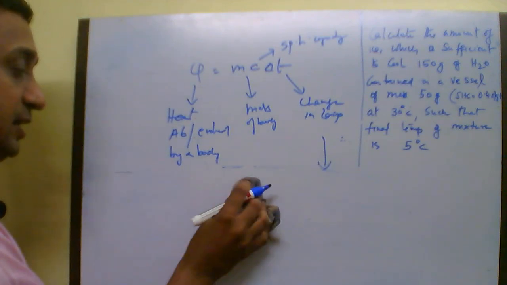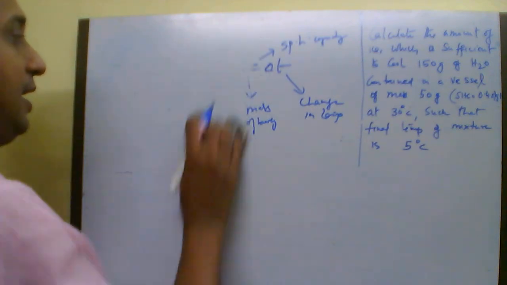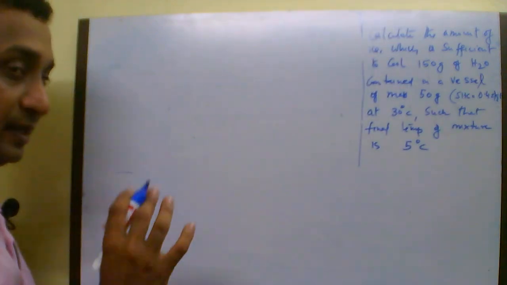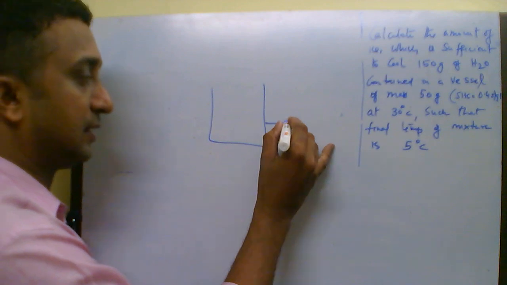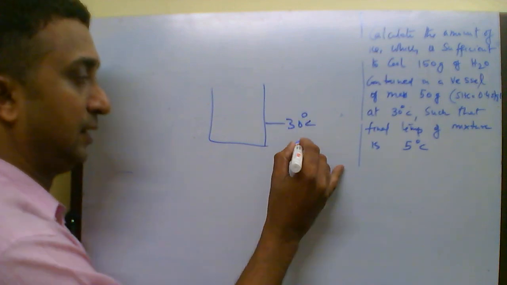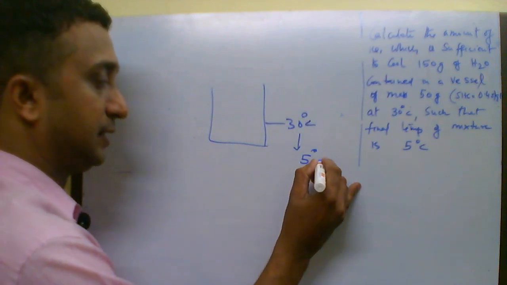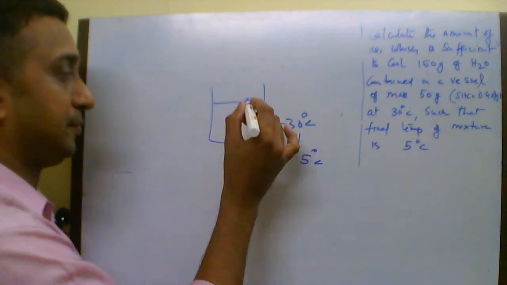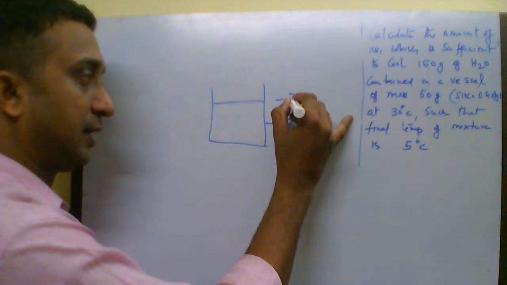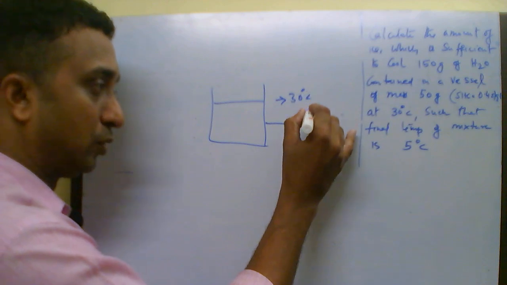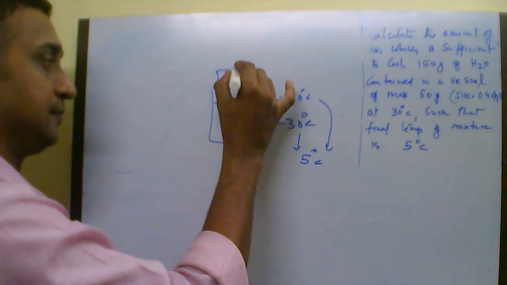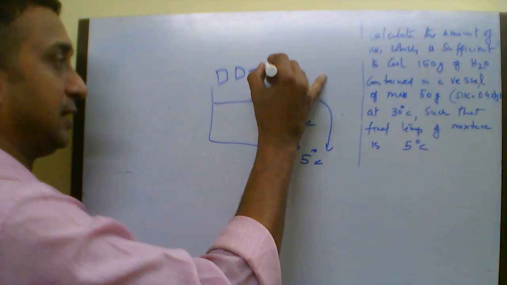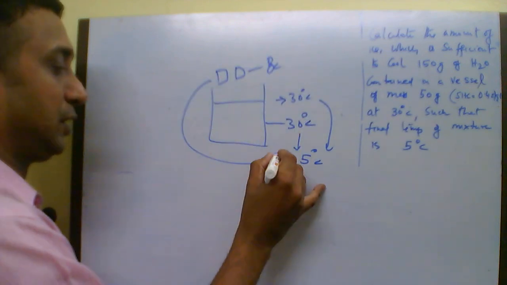In this system, I can say that there are three people. One is the vessel, who is at 30 degrees Celsius and reaches 5 degrees Celsius, and there is water, which is also at 30 degrees Celsius and also reaches 5 degrees Celsius, and then there is ice, which is at 0 degrees Celsius and also reaches 5 degrees Celsius.